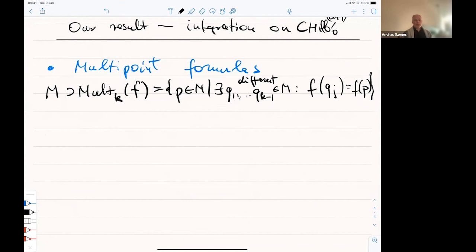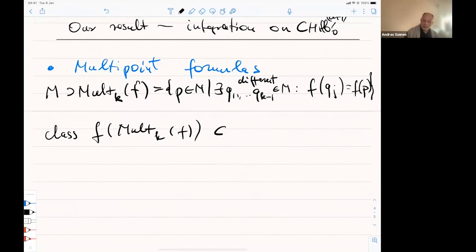Okay, so here it turns out that it's a little easier to define the class of the image of this variety in N. So the question will be the class of F mult K F, which is now in N. The class, in fact, will be in the cohomology ring of N.